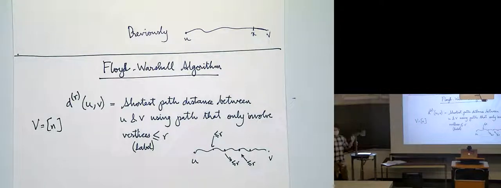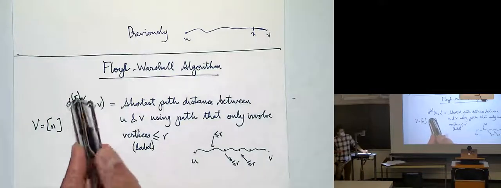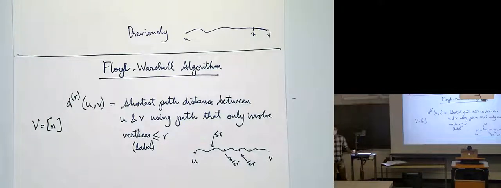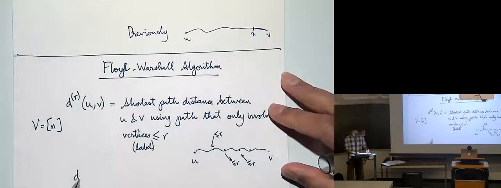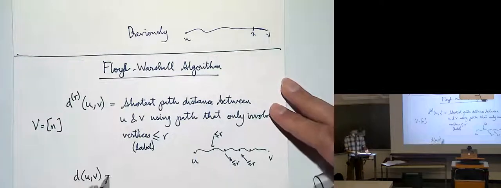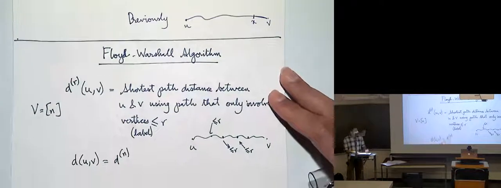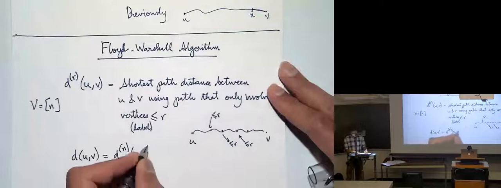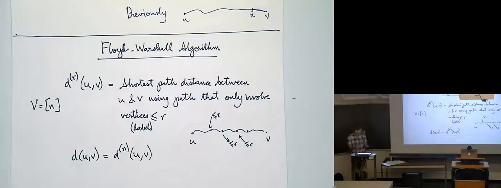It's almost like saying just focus on all the vertices whose label is at most r and only use those to get a path. That's what d^(r)(u,v) is. So if r is equal to n, then of course this is the main distance. The distance is just d^(n)(u,v).